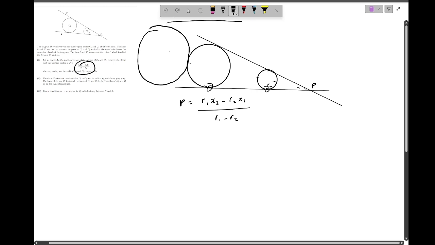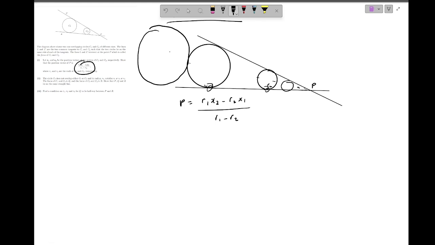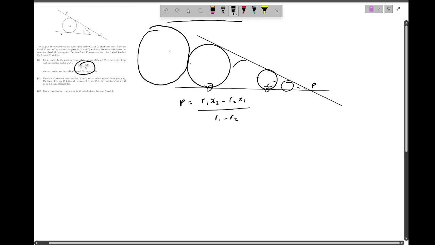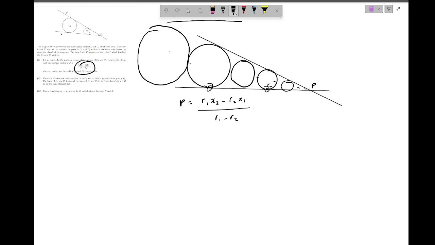We can have it here. There are different places we can have it, but I would say there's three main places. It's either to the left of C1, to the right of C2, or in between C1 and C2, which is here, okay? But what you end up realizing is that it doesn't really matter where you put it, because the position vector you get will be the same.